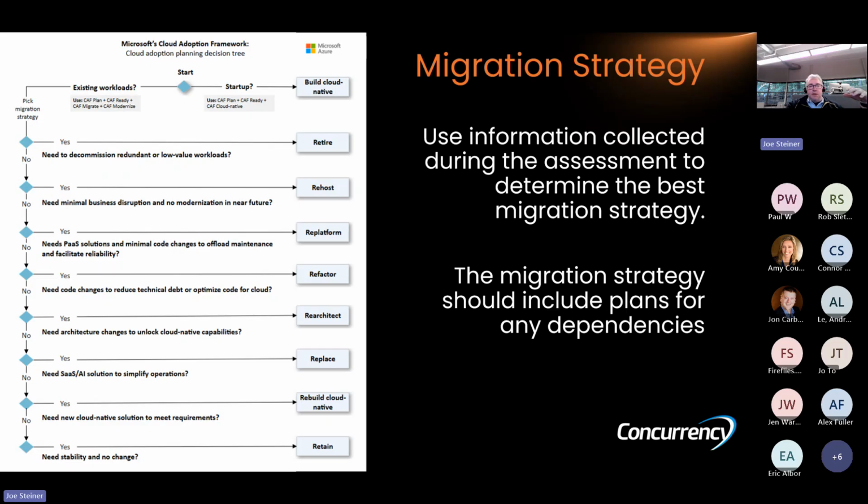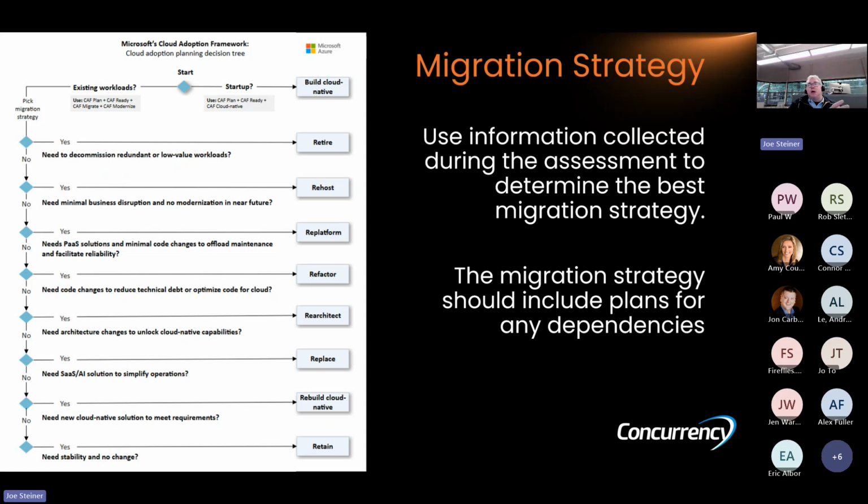There's the rehost, replatform, refactor, re-architect. I'm really taking the existing application and either not really making changes or making some higher levels of changes as I go across those, and translating that to the cloud. Beyond that, I could retire it, I could replace it, I could just rebuild something to continue to provide those services to the end users, or I keep it on premise, and maybe this isn't a good candidate right now, and I'm going to focus somewhere else.